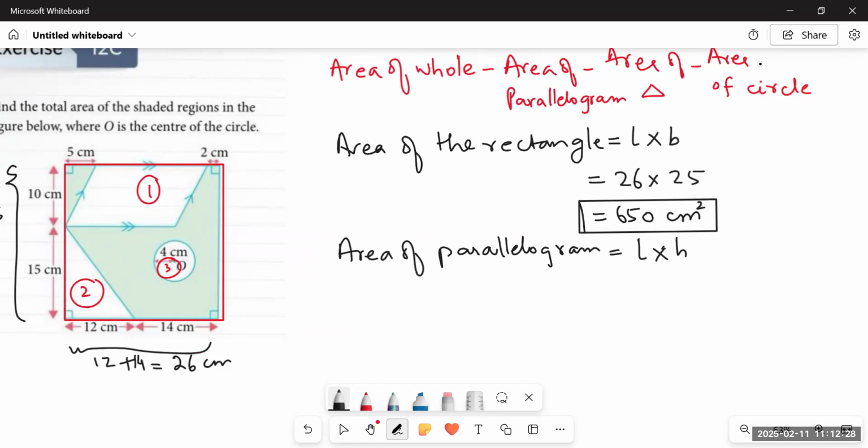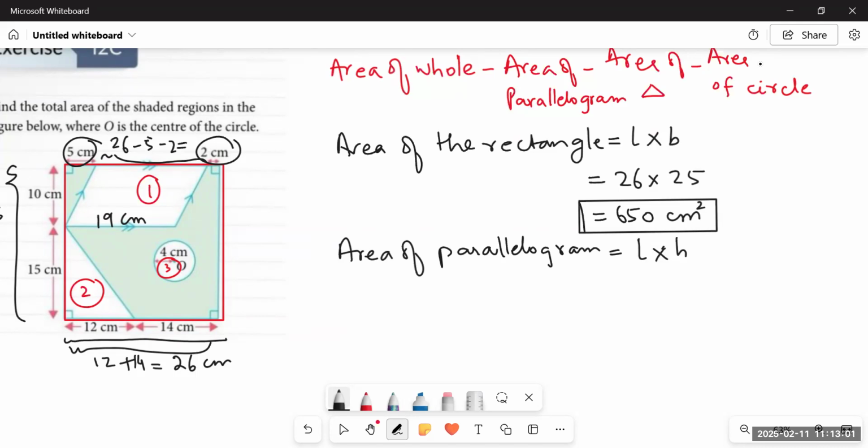So for that, we will look at this part, right? If we look at either side, we will find that this is 2 centimeters and this is 5 centimeters. And we already know that the total length of this rectangle is 26 centimeters. So we will simply subtract 5 and 2 from it. 26 minus 5 is 21. 21 minus 2 is equal to 19. It means the length of this parallelogram is 19 centimeters.